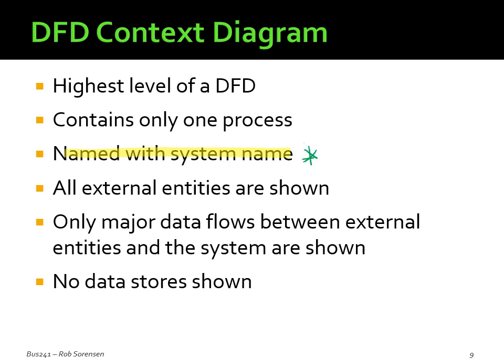All right. All external entities are shown. Now notice external entities, not internal entities, external. And those are the only kind we draw when we're talking about entities. They're in boxes, okay? And so not internal entities, just external. External to this particular system. Only the major data flows are shown, and there's no data stores. So this is going to be a very simple diagram.